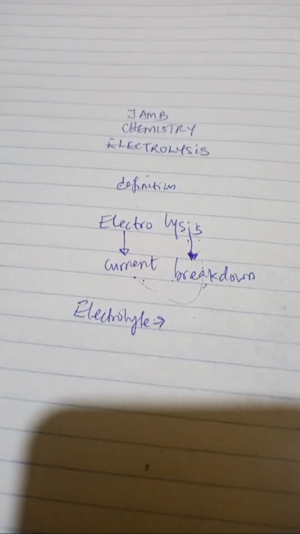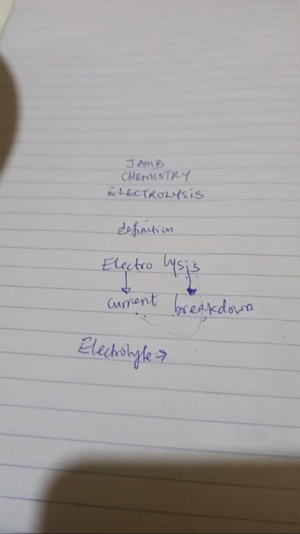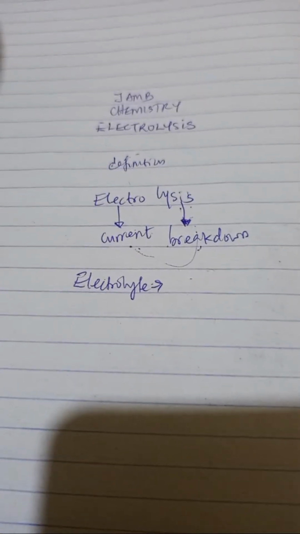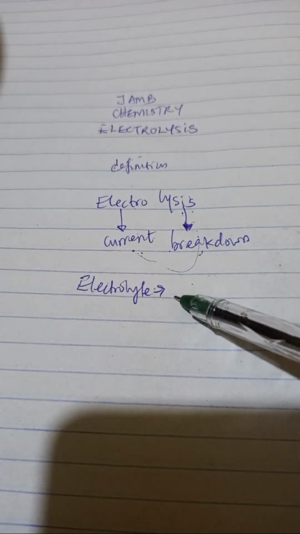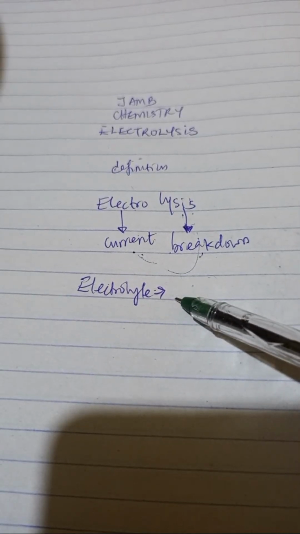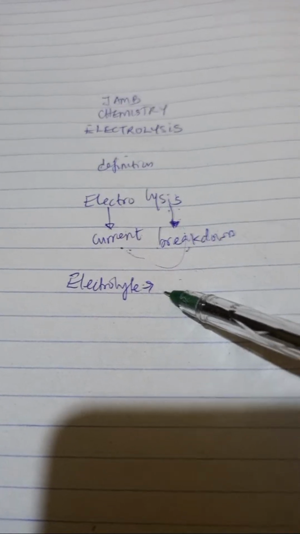What is an electrolyte? You define an electrolyte as a compound which, when placed in molten form, meaning it is melted, or in solution form, will conduct electricity.